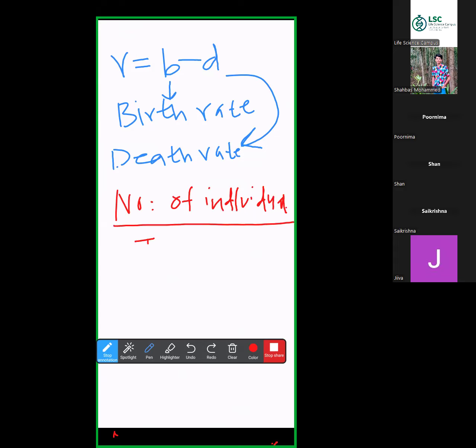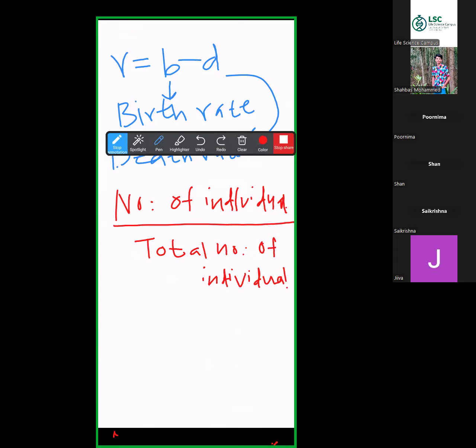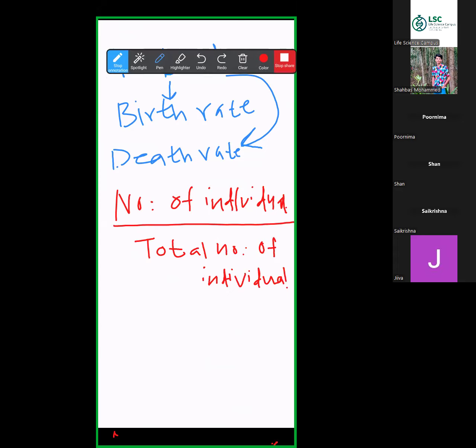And death rate is given by number of individuals died divided by total number of individuals.